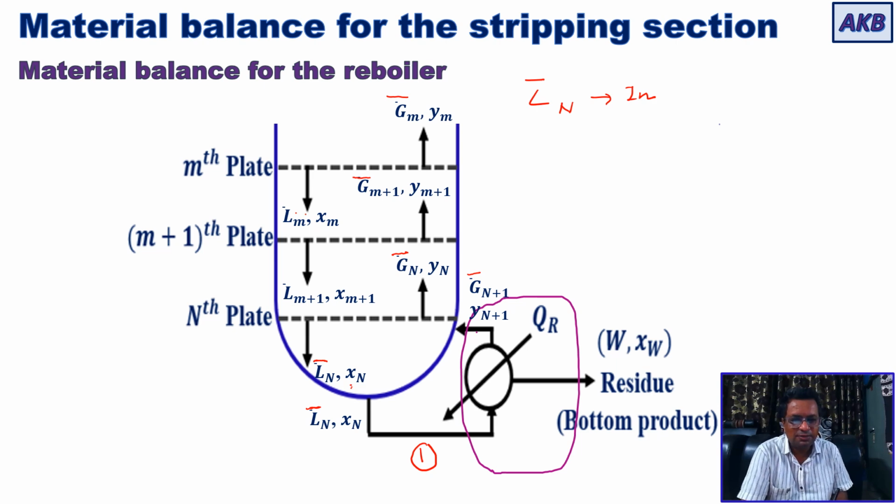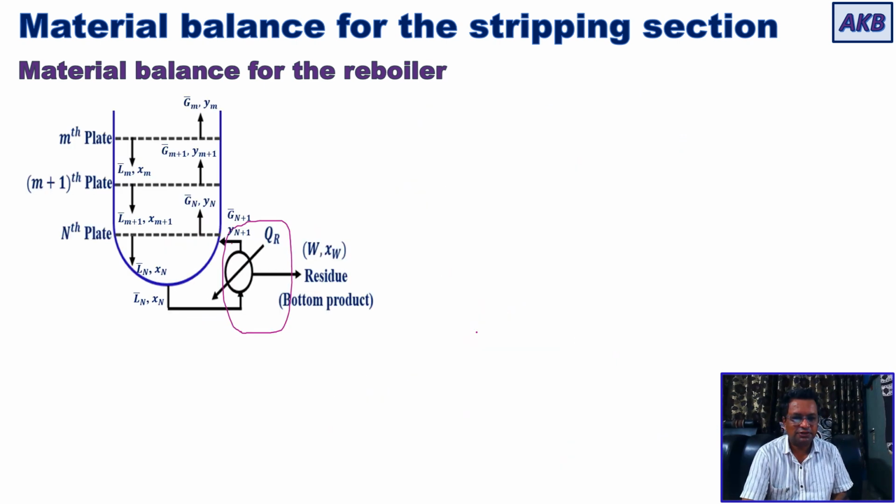The other stream is G bar n plus 1, the vapor phase that is coming out of the reboiler. And there is one more stream, the residue or the bottom product, having molar flow rate of W. Again, this is coming out. Okay. So with this understanding, now let us look at the material balance.